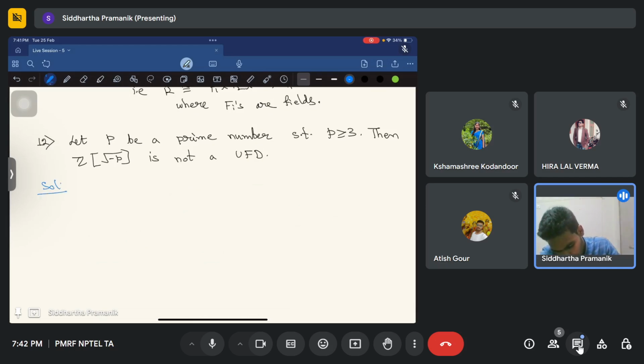So here, if you take r equals 1 plus root minus p times 1 minus root minus p, this r is basically 1 plus p, right? And p is odd because p is greater than or equal to 3 and p is a prime number. So 1 plus p is even, so you can write it as 2 times some r.